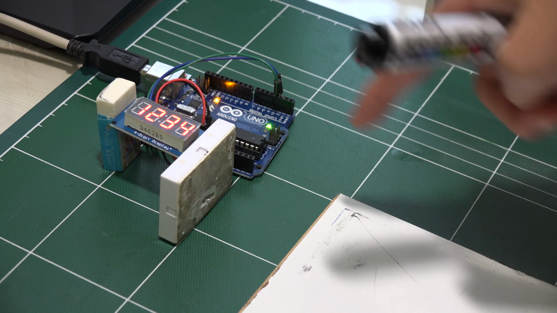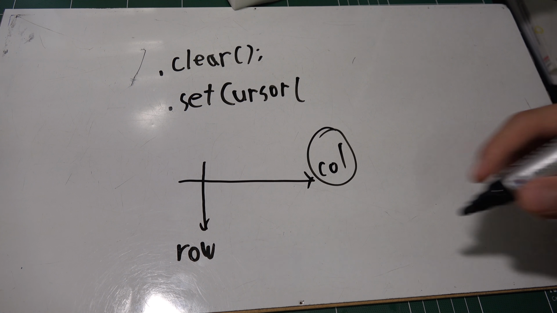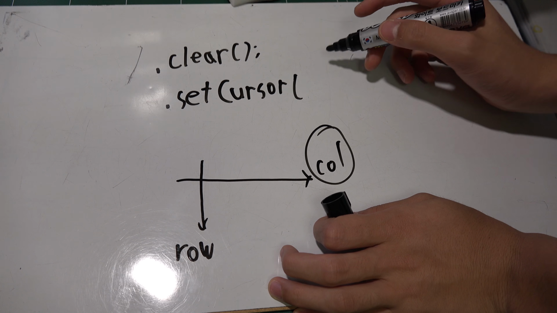There is only the x-axis, so we only use the column.